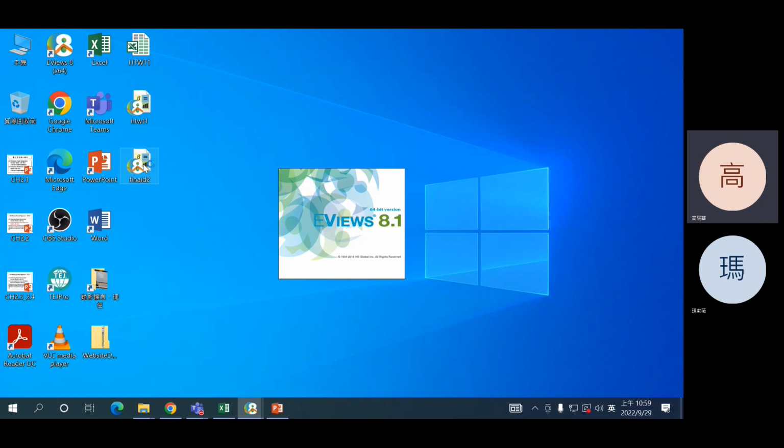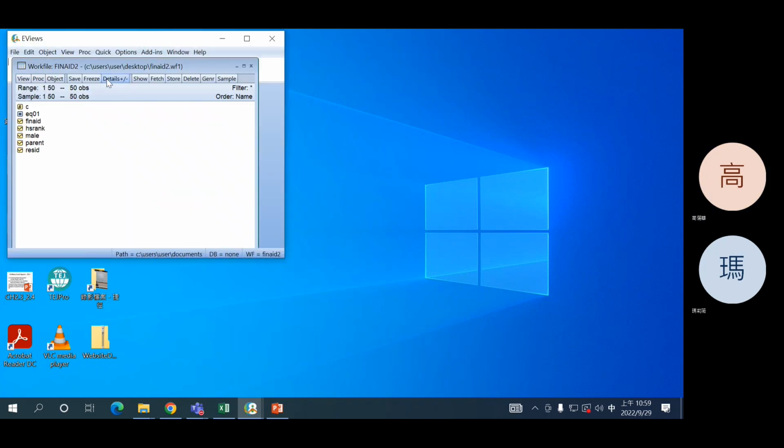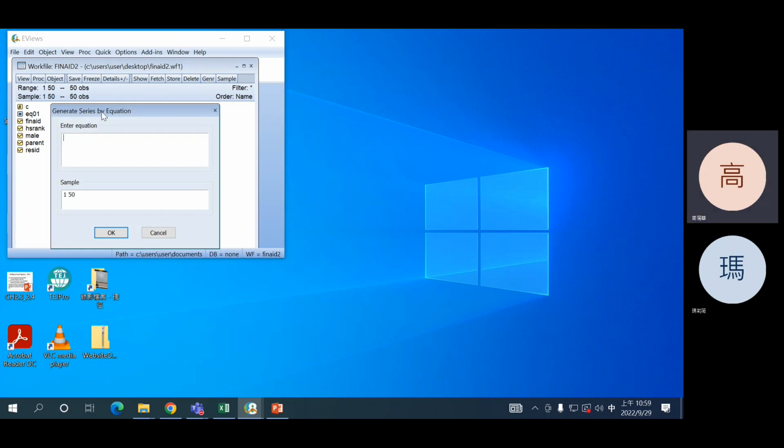And this is financial aid. This function here, did you see the generate? The second last function, GENR. Hit this one, then enter an equation.